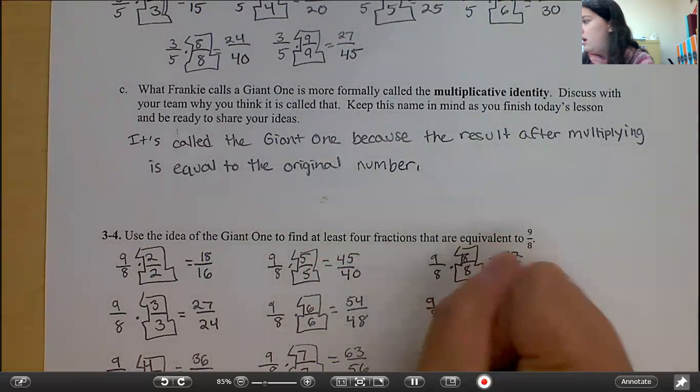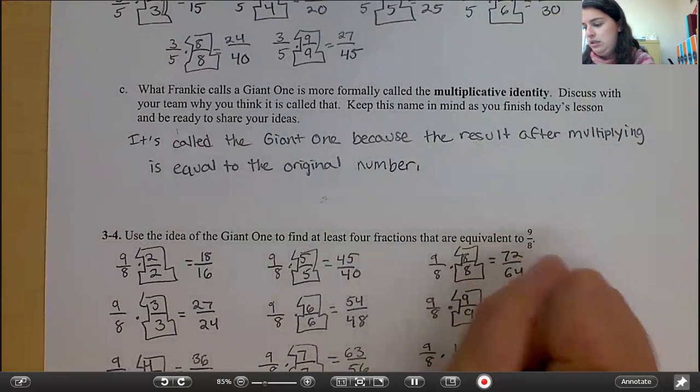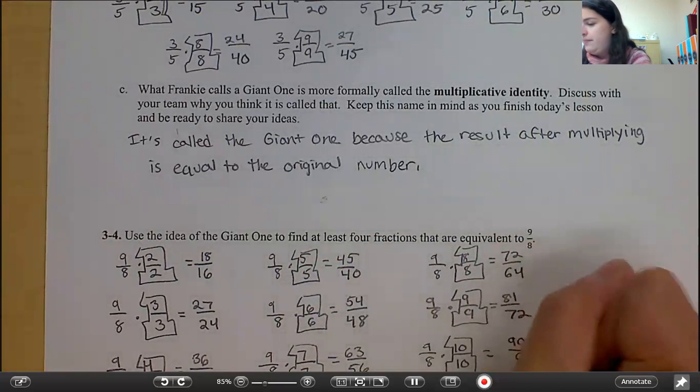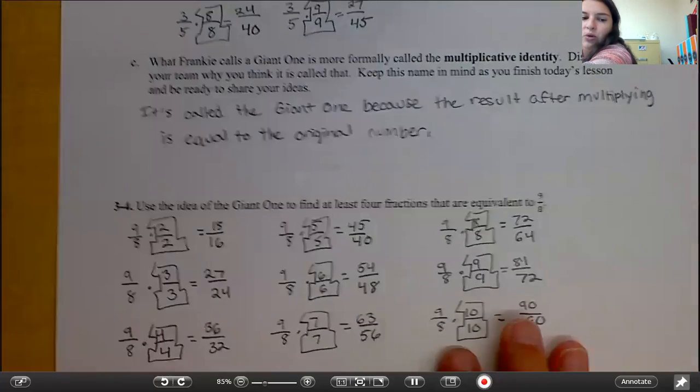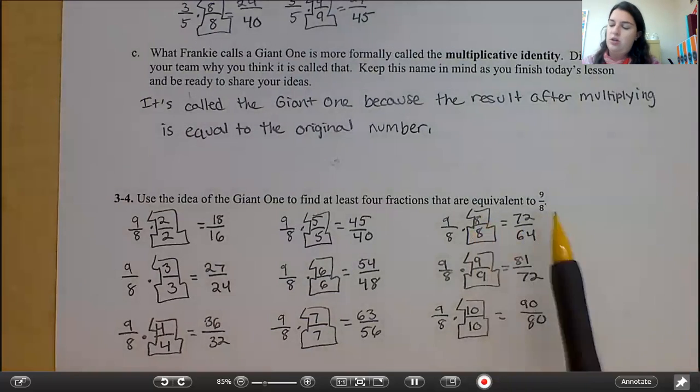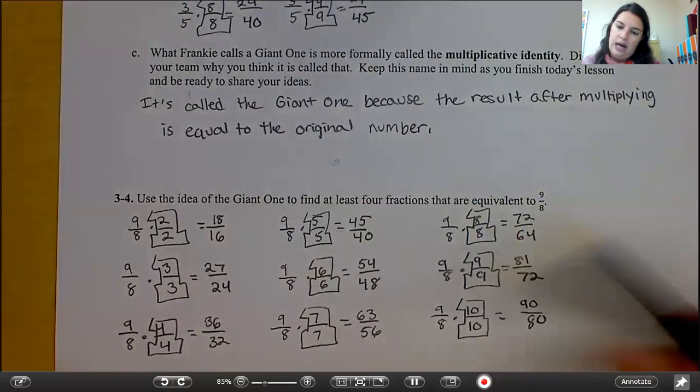And my final one that I'm going to do, 9/8 times 10 over 10, would have been 90/80. There are more possible answers here, but you only needed to find 4 fractions that are equivalent to 9/8, and I found 9 for you.